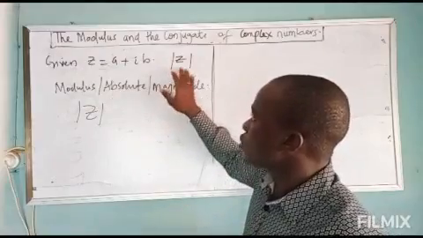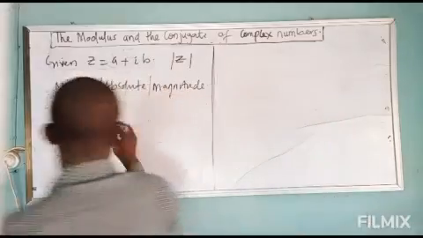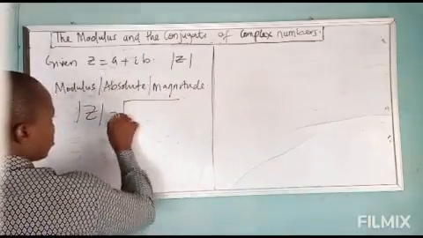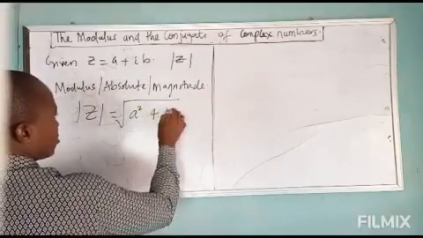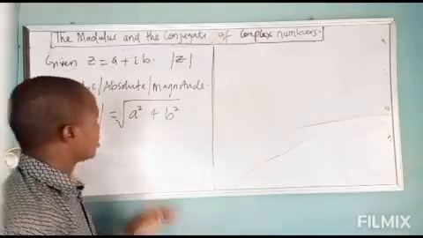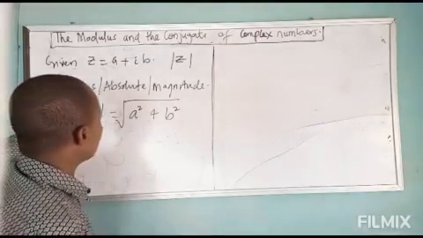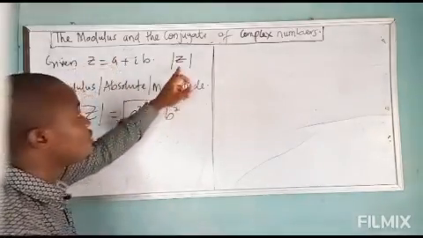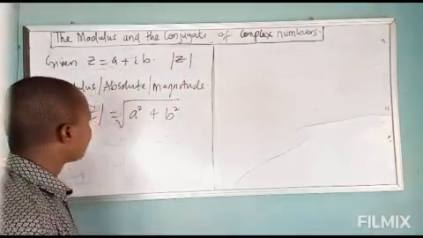So the modulus of this is equal to the square root of a squared plus b squared. That's the definition of the modulus, or absolute value, or magnitude of this complex number z.